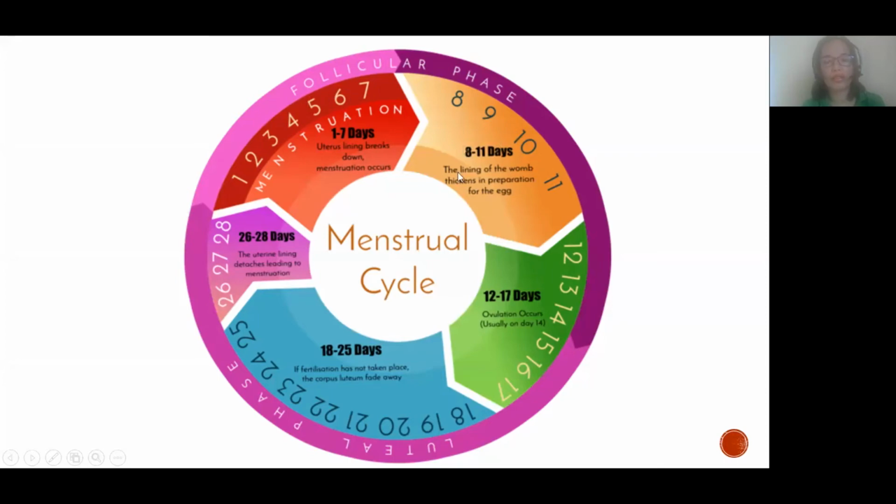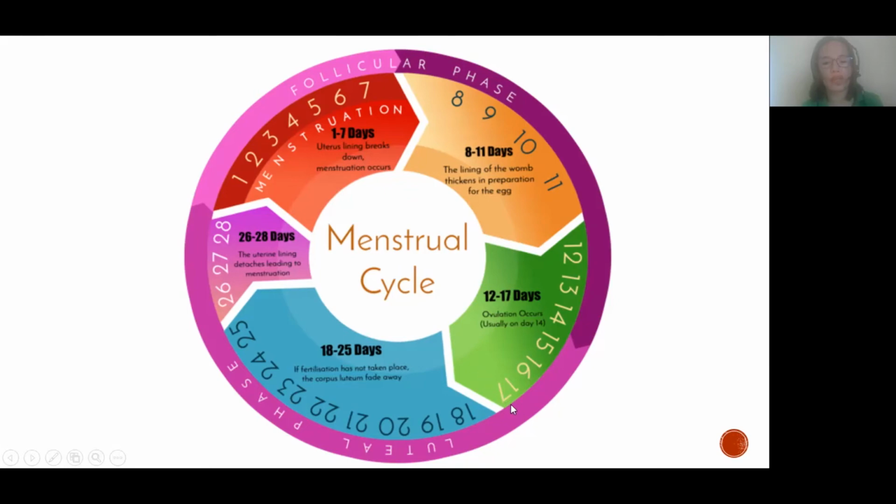After that, in days 8 to 11, the lining of the womb thickens in preparation for the release of the mature egg cell. So here, the ovulation days, normally on the 14th. So ovulation occurs on days 12 to 17.